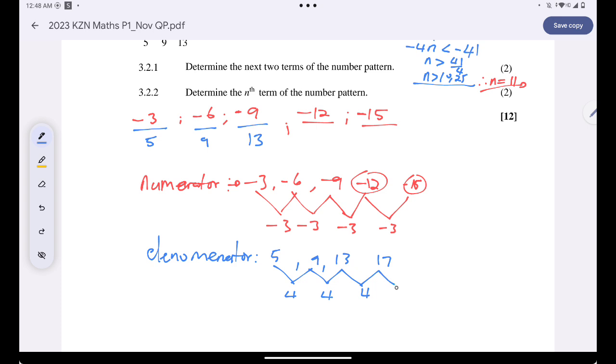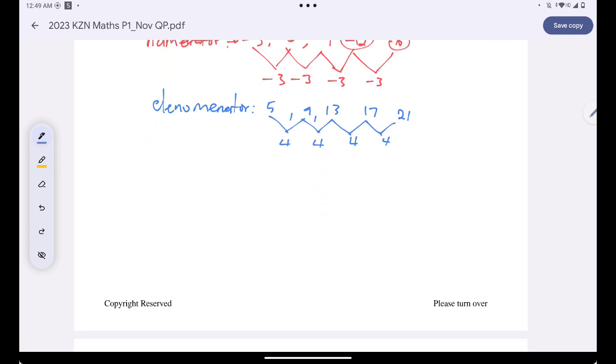I'll have 17 and I'll have 21. So this would be 17 and 21. So these will be the next two terms of the number pattern. Are we together? Then now I'm asked to find the nth term.